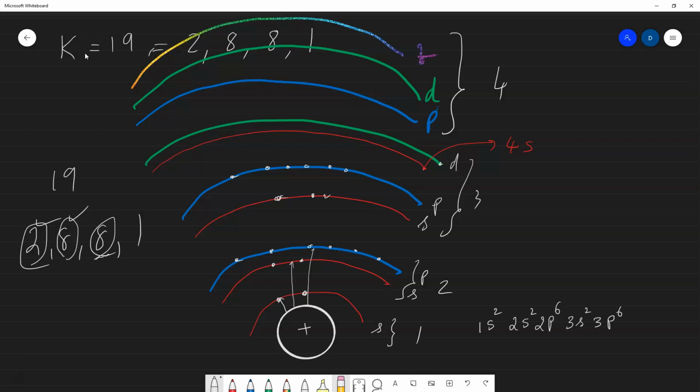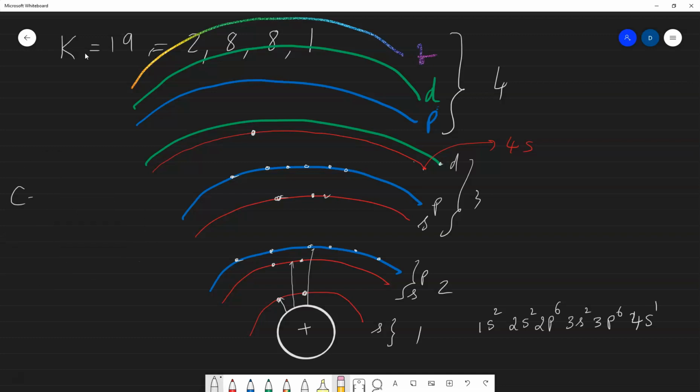In other words, the S subshell of level 4 is closer, or comes before the D. So this electron will go here, and I'll end up writing 4s1.